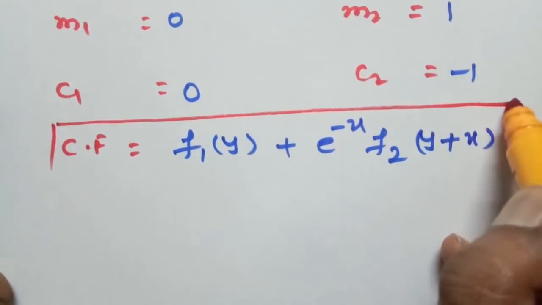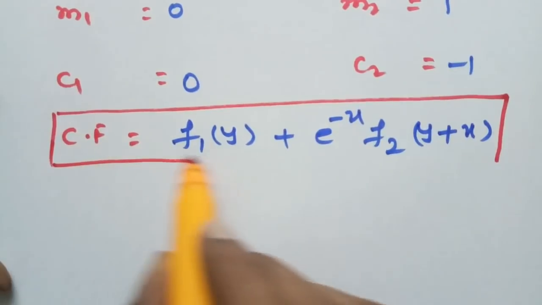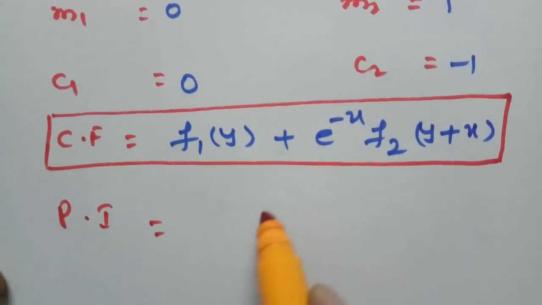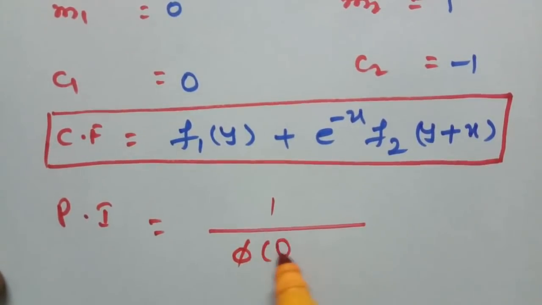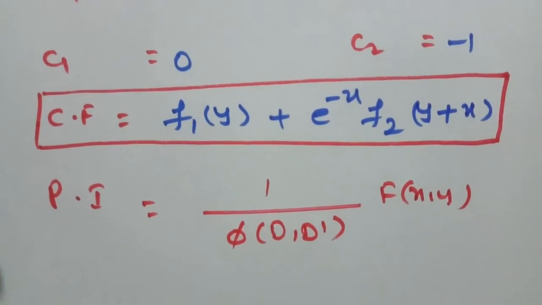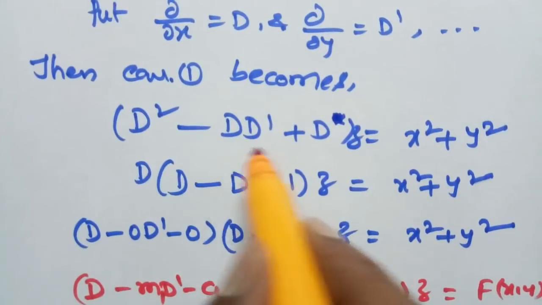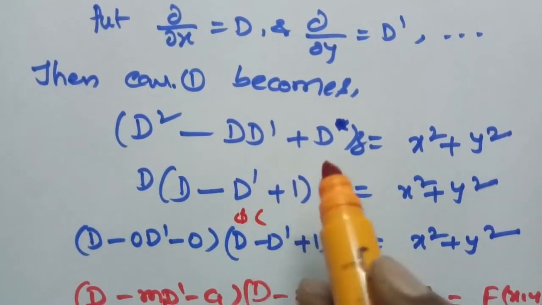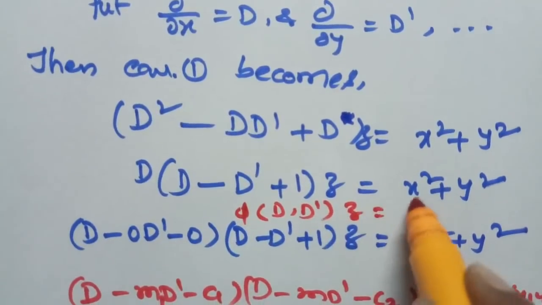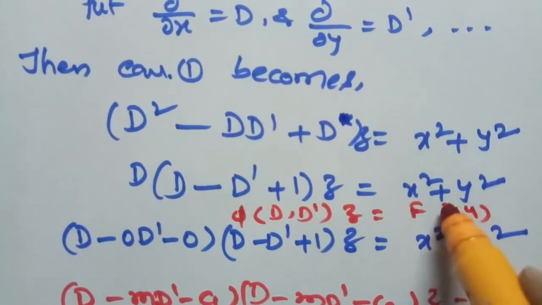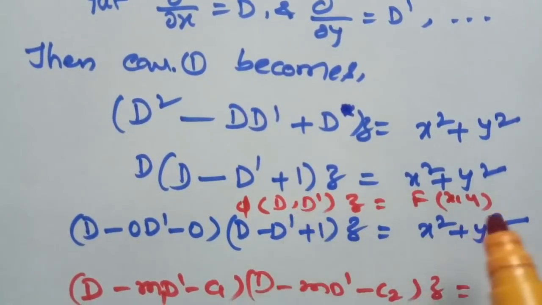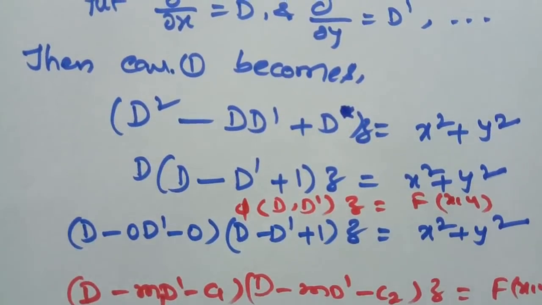Therefore now we have to find the particular integral. PI is equal to 1 by phi of D, D' into f of x, y. Here phi of D, D' into z is equal to f of x, y. Therefore this is D into (D minus D' plus 1). F of x, y is x squared plus y squared.